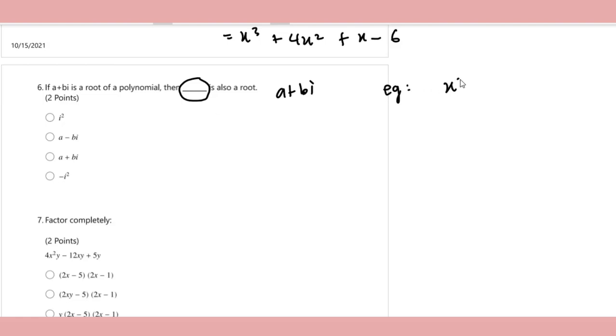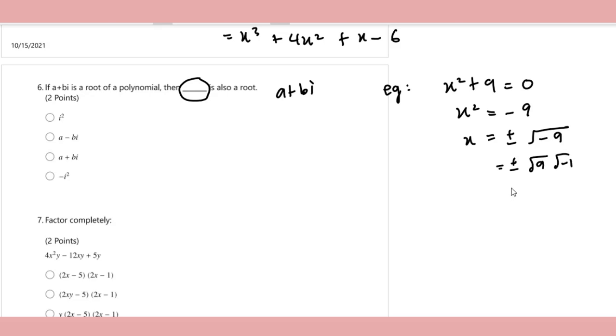given that x squared plus 9 is equal to 0. If we're going to find, x squared is equal to negative 9, x is equal to plus minus the square root of negative 9. So plus minus the square root of 9 times negative 1.